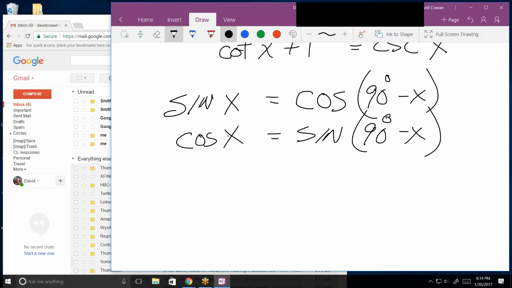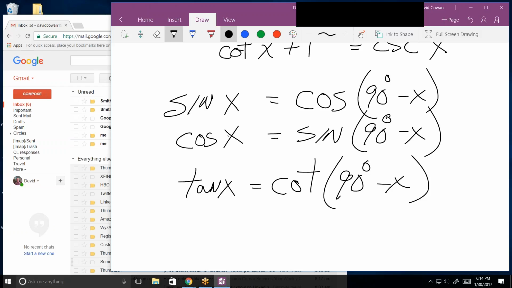And to figure out which trig functions are cofunctions of one another, well, tangent is obviously the cofunction of cotangent, and it also has that property. And finally, secant is the cofunction of cosecant.